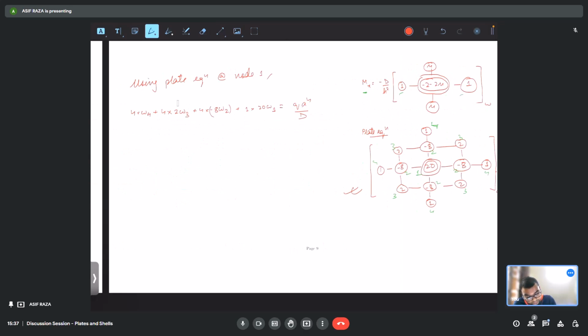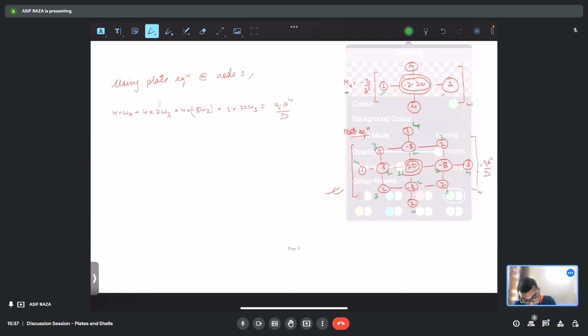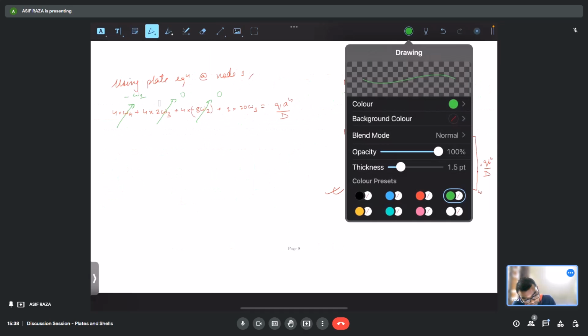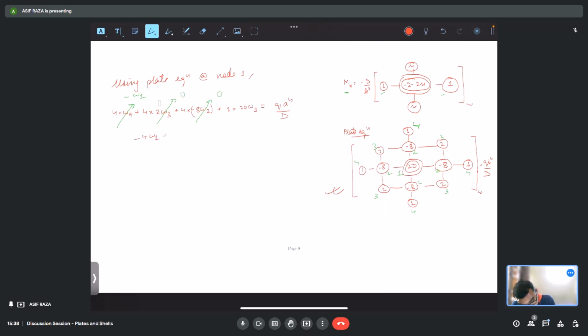So we have w2 to be 0, w3 to be 0, and w4 is equal to minus w1. So this is minus 4w1 plus 20w1 equals Qa4 by D.